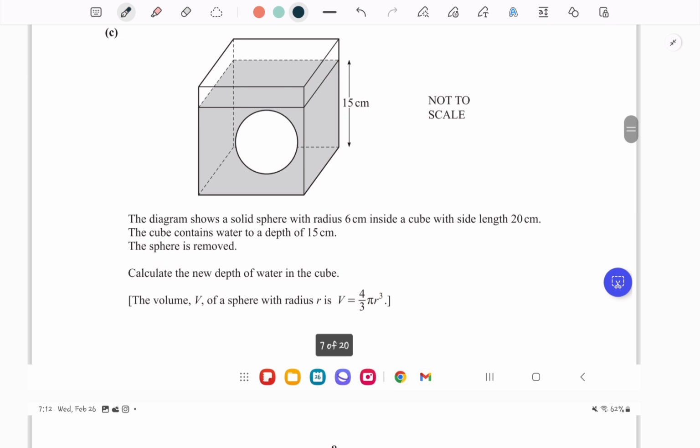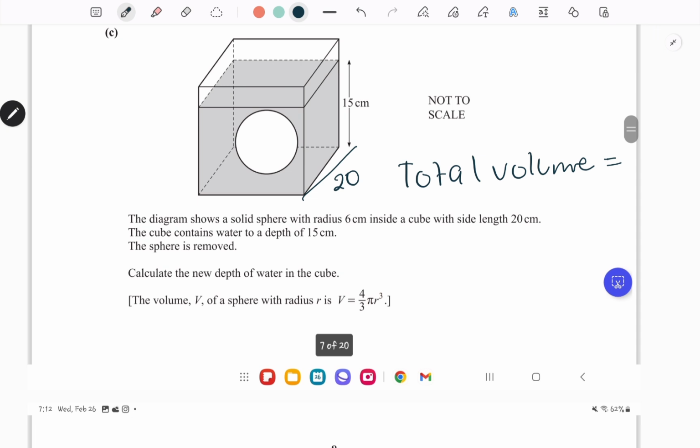Very simply, you know that it's a cube, or not necessarily a cube, we will call it a rectangular prism. Okay, it has water of a depth of 15 centimeters, a side of 20.